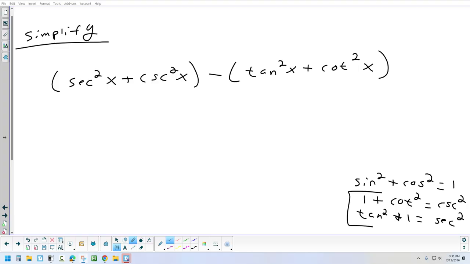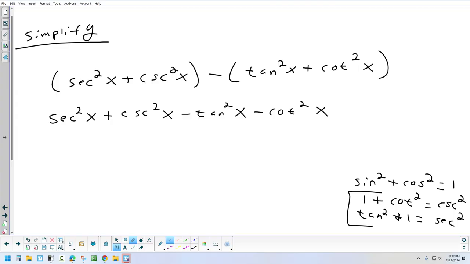Let's distribute it. So when we're done distributing it, we're not going to have any parentheses left. So minus tan squared and minus cotangent squared. That's our first step.